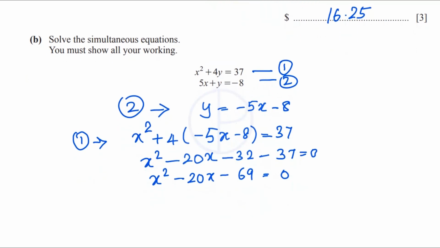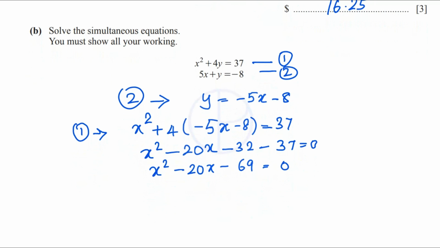Now we have to factorize this one. If you multiply the numbers, you need to get negative 69. And when you add the numbers you need to get minus 20. 23 times 3 is 69. So when we add, we get negative 20.